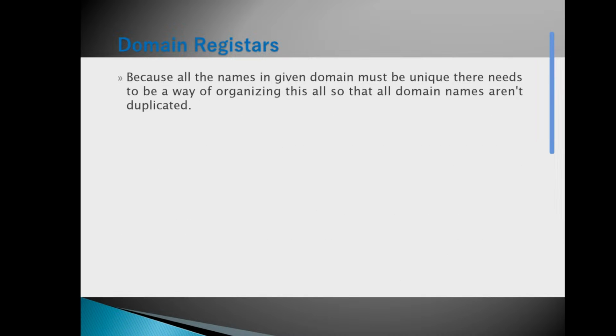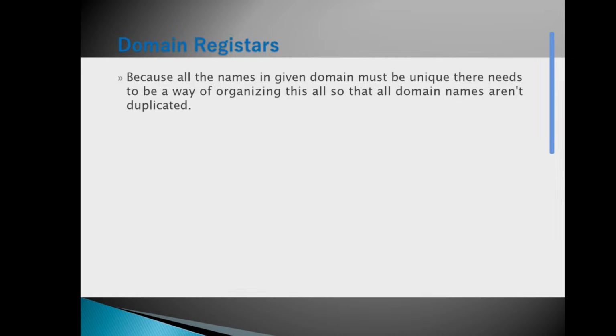Because all the names in a given domain must be unique, there needs to be a way of organizing this all so that all the domain names aren't duplicate. It's simple. Internet is very vast right now, and each URL, each domain which is there has to be unique, and that uniqueness has to be maintained.